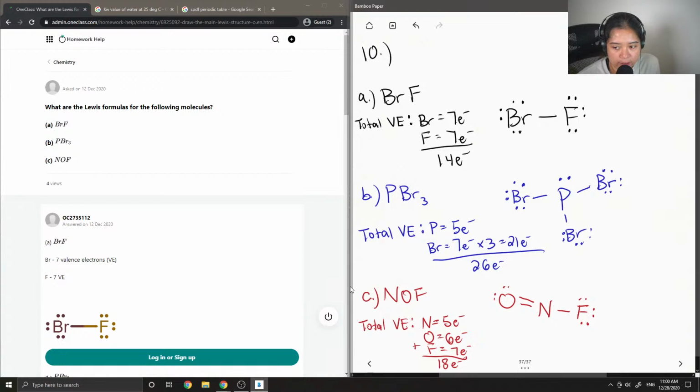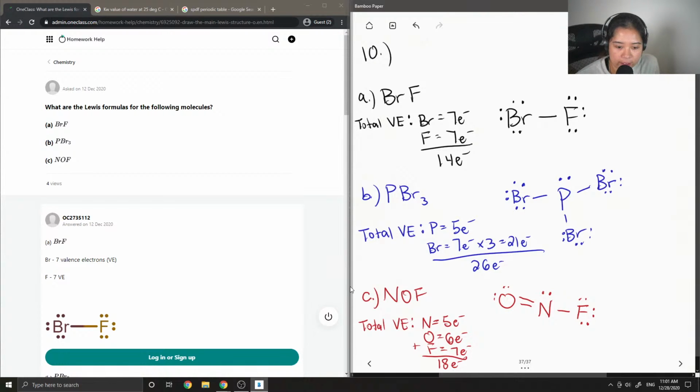And nitrogen still doesn't have a full octet, so that's why I've joined a double bond in between the oxygen and the nitrogen. But we still don't have a full octet for the nitrogen, so I'm going to add another lone pair.